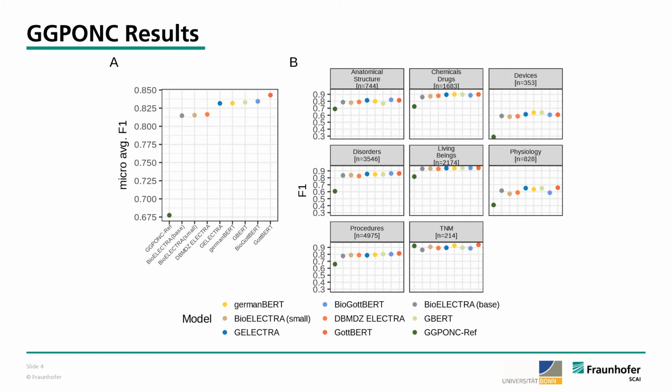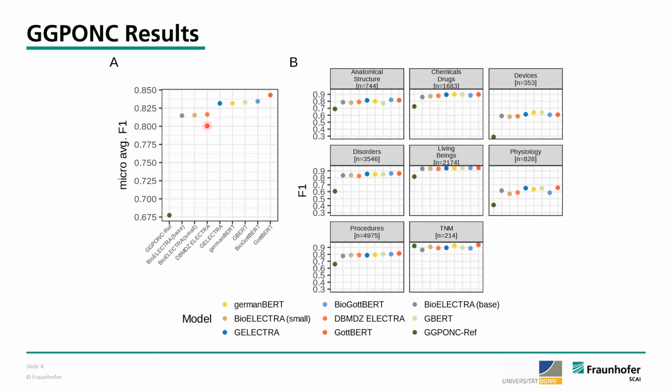This slide shows the results for the GGPONC dataset. You can see the micro-average F1 scores on the left. All transformer-based models provided better performances than the existing dictionary and rule-based system. Out of the 8 models we compared, the BioElectra and DBMDZ Electra models achieved the highest F1 scores.